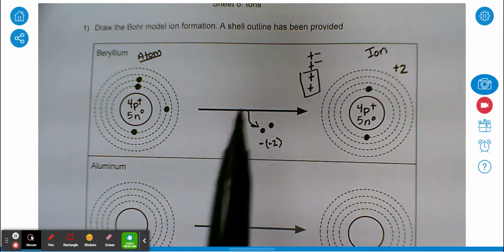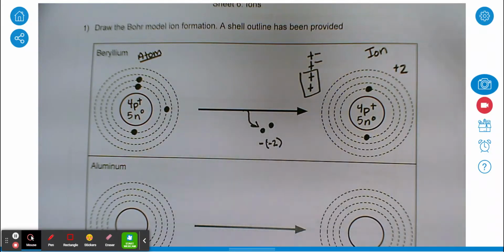Lots of different ways to think about it. Minus 2. You can do it in your head, or you can show the charge outline. But I'm looking for the nucleus, the correct number of electrons, and then the correct charge depicted. So this would be an ion formation pathway for beryllium.